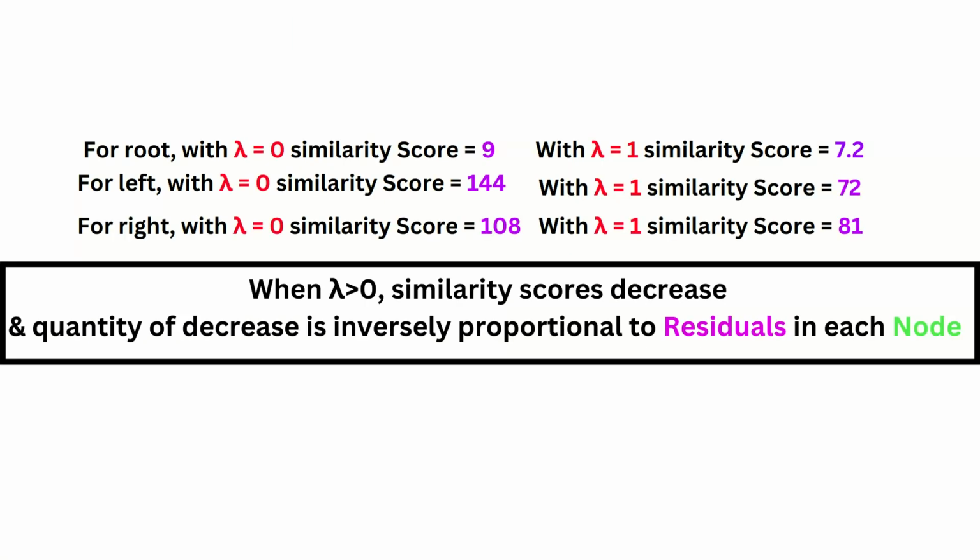Now let's compare the similarity score with lambda equal to 0 and lambda equal to 1. As we can see, for the root with lambda equal to 0, the similarity score is 9, and with lambda equal to 1, the similarity score is 7.2. We can see a significant drop in similarity score with lambda equal to 1.